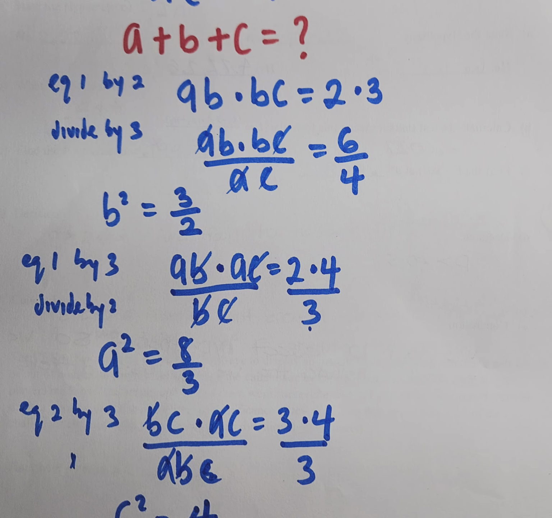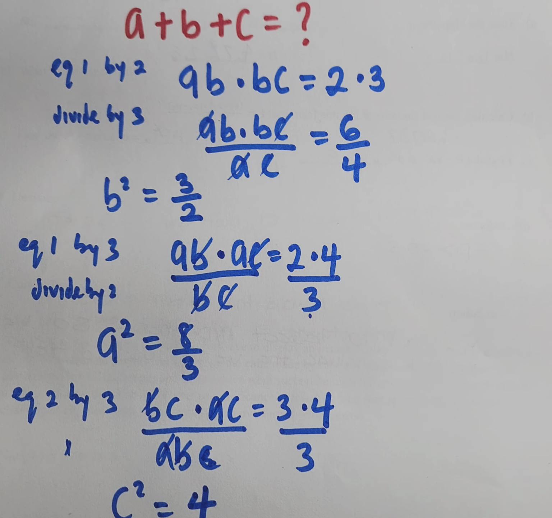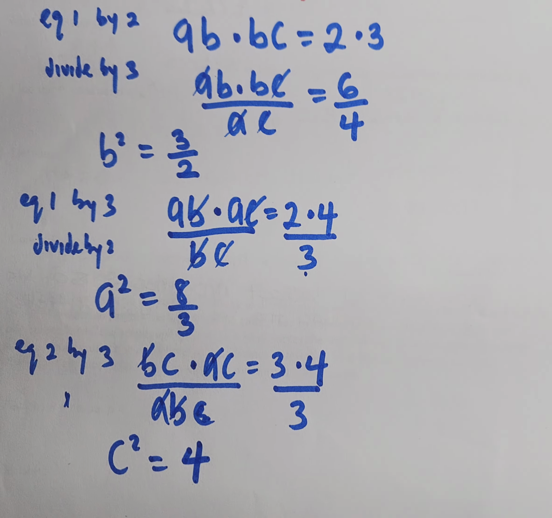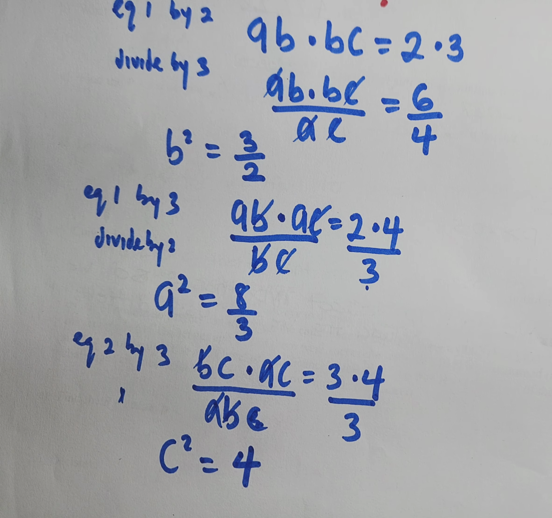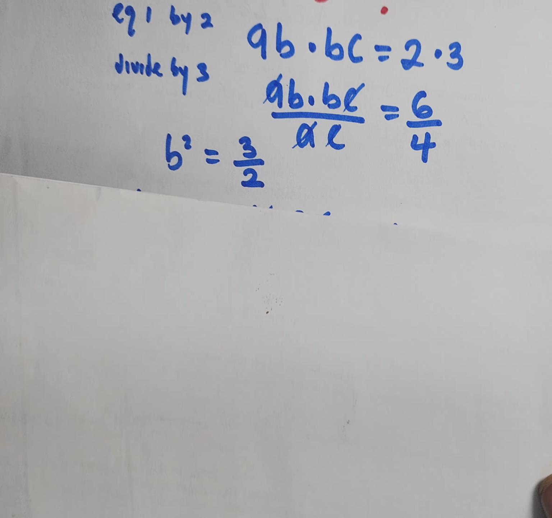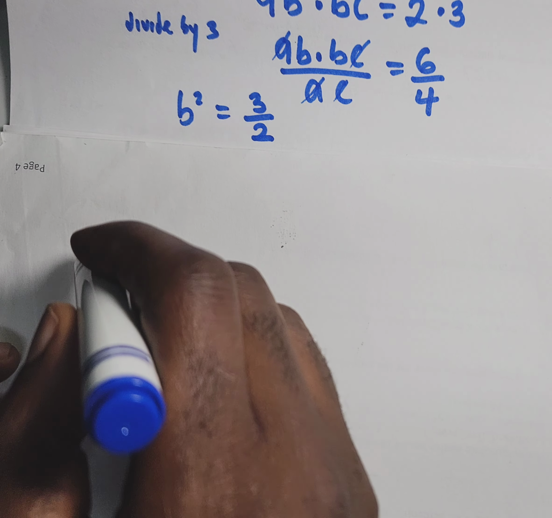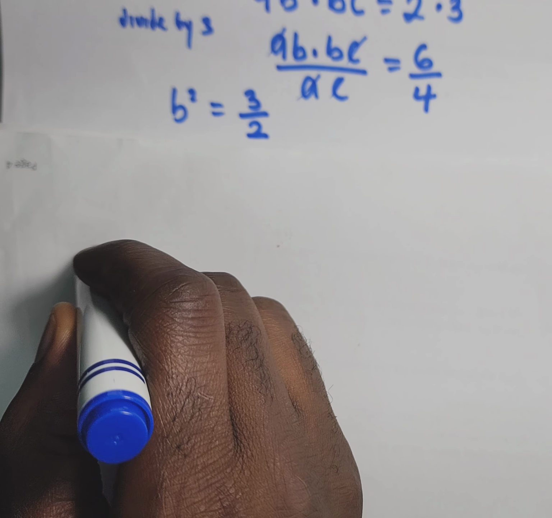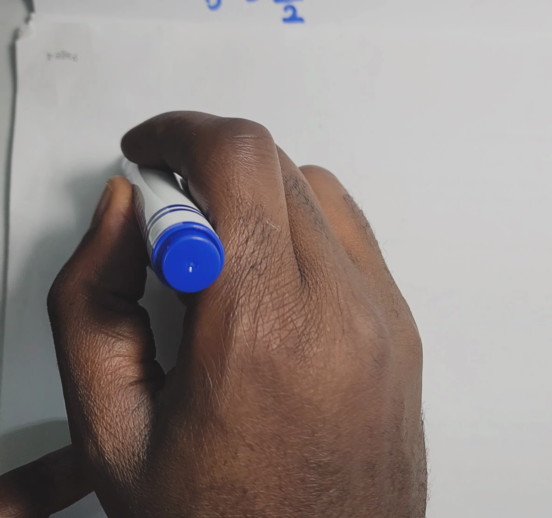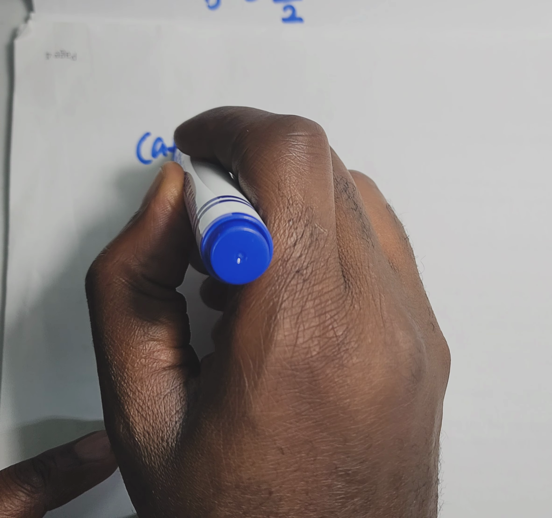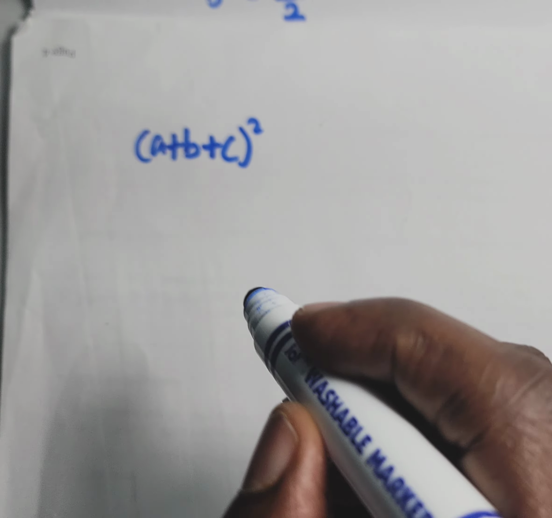Now, we've established these facts. The next thing for us to do is to solve further. Now, to solve further, here, I'm going to have this given equation, which is our a plus b plus c squared.